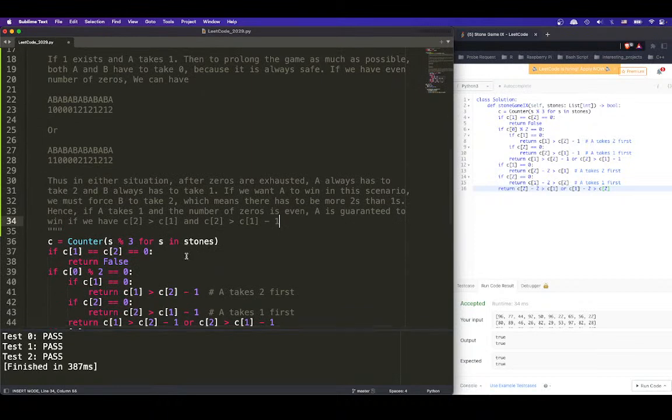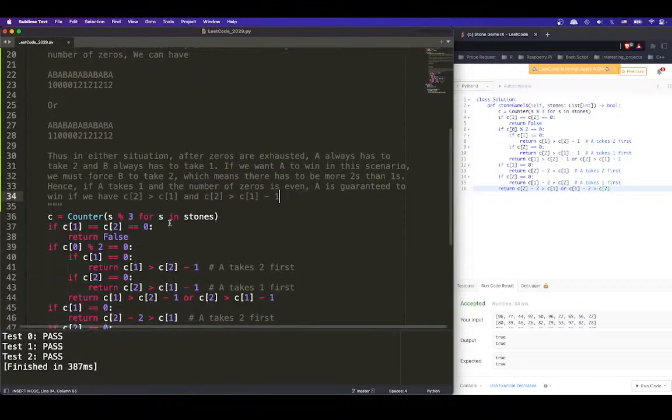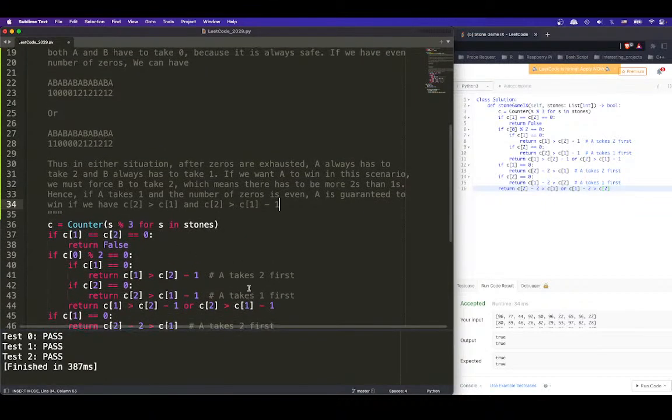Shouldn't it just be C2 larger than C1, right? Yeah, A takes 1 first. A takes 1 first, so B is taking 1, A is taking 2, so we want more 2s than A. So in this situation it is minus 1. Oh yeah, C1 minus 1, and this situation is minus 1, minus 1. So we have to minus these two, right?